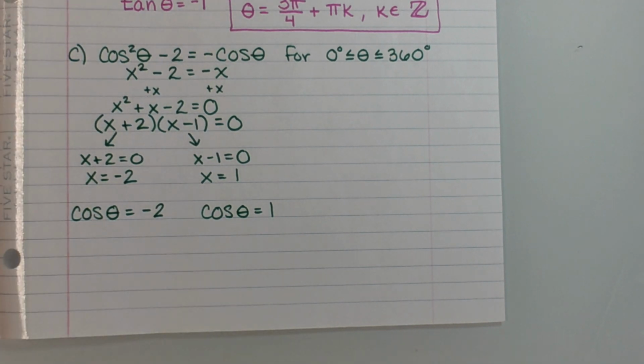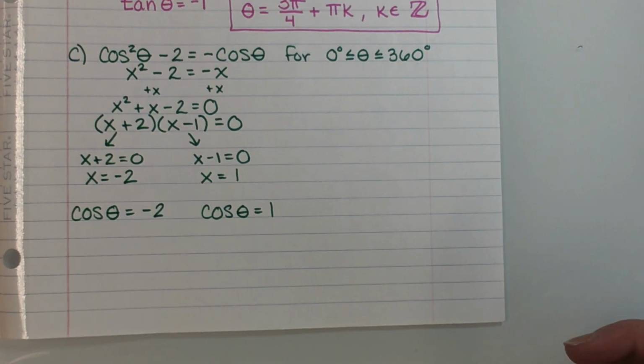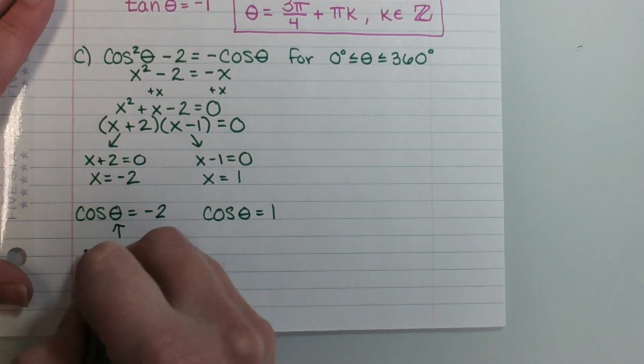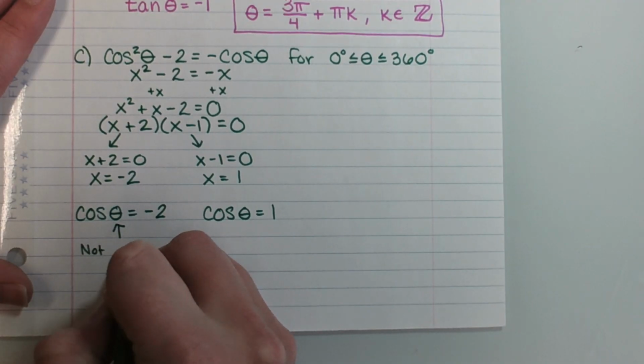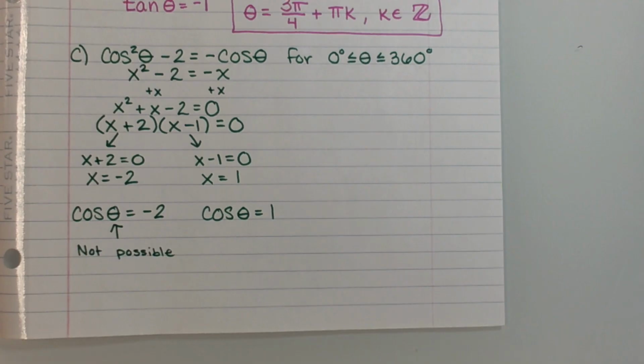Grace, where is cosine equal to negative 2? Don't overthink it. Anywhere? Because cosine never gets to negative 2.